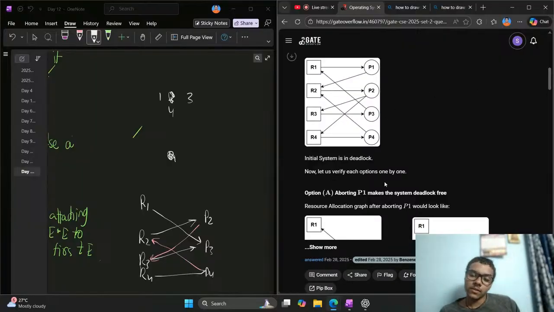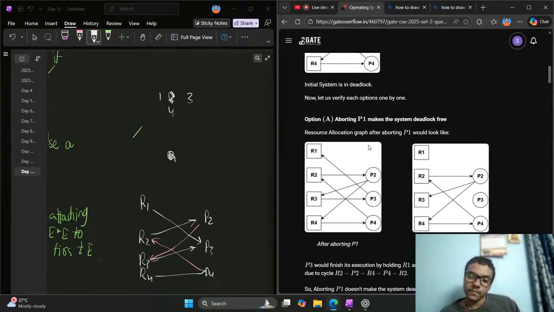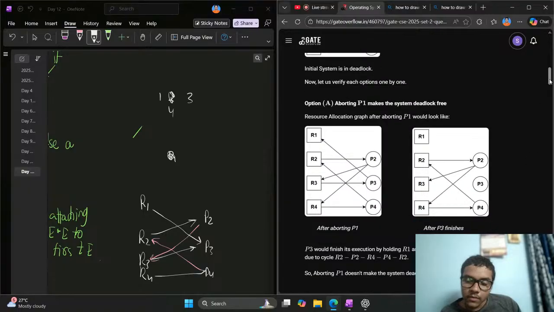Initial system was deadlock. Okay, aborting P1 will make the. So that is what we got. R2 for P2, P4 for R2, P2 for R3, and after P3 finishes.